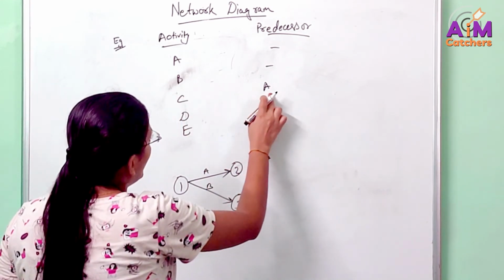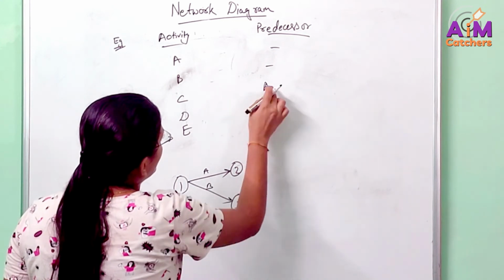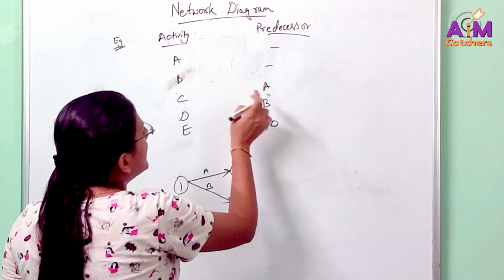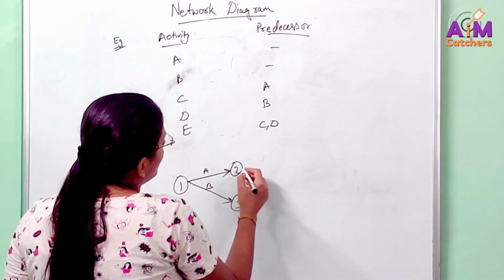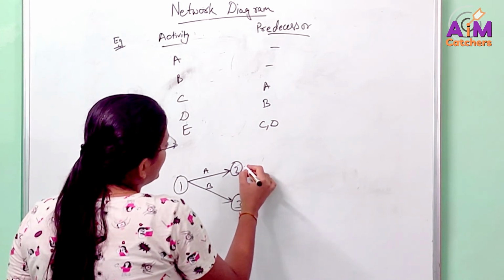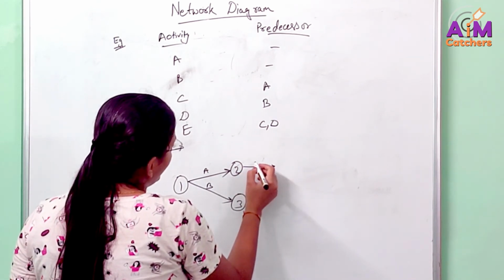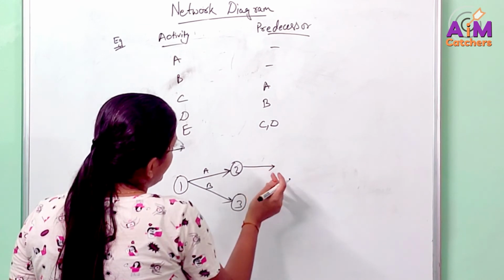Activity C and A. So A is the predecessor of C. A will come before C. Okay, yeah. So C will be the next activity for A. So let's keep it. Okay.